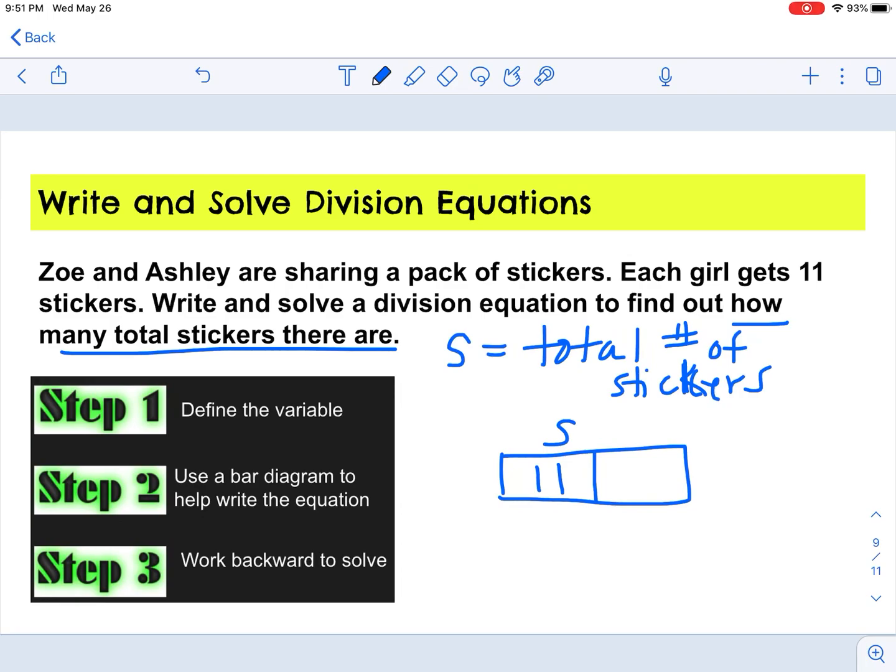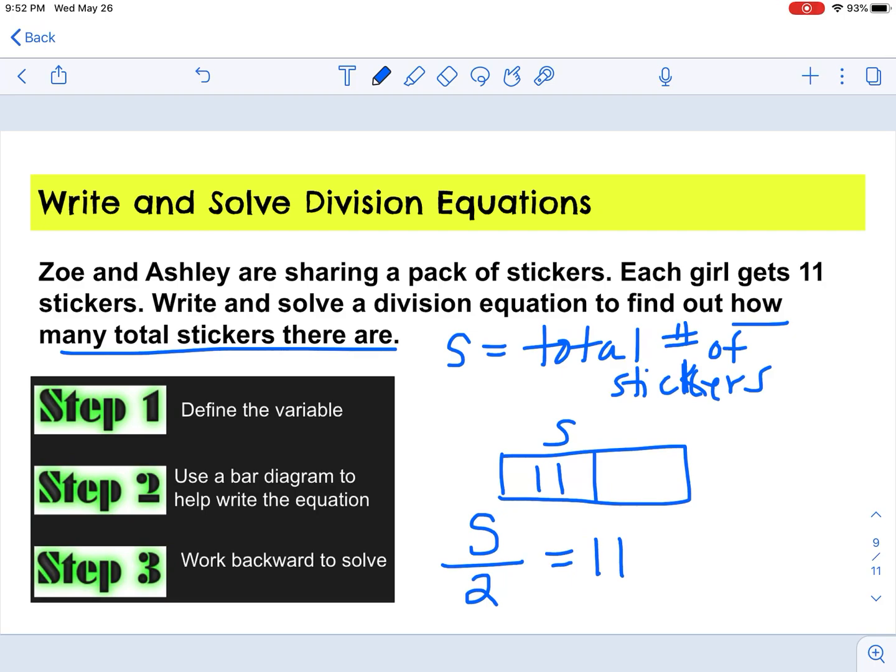So you can write this actually 2 ways. The way that I would write it is that we're starting with some stickers. How many girls are dividing the stickers? 2 girls are dividing the stickers. And we know that they're going to add up to 11. Now you could also do S divided by 11 is 2.